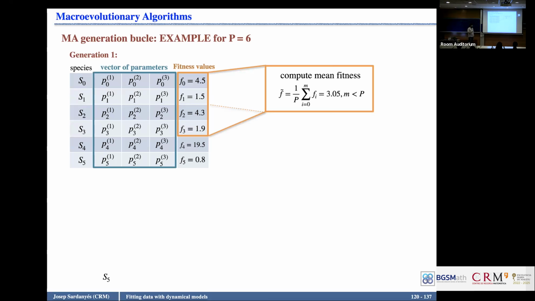Now I will work with the mean fitness of these two blocks. If I want to be very restrictive, I will only work with the fitness of the best solutions, but I can also use these ones. So now I compute the mean fitness from good solutions, and I will do so from now on.